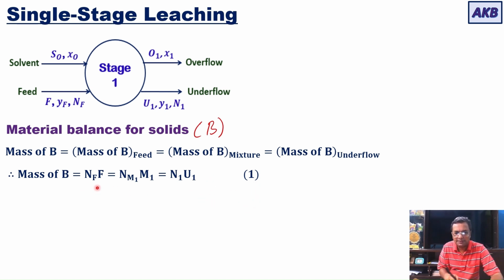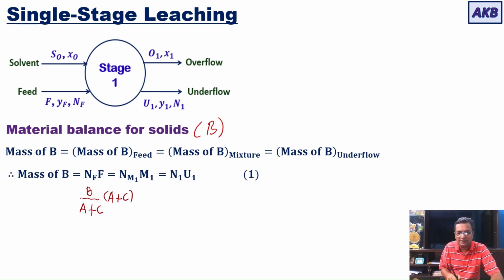Now let us understand how we get this term, NF into F. NF is mass of B divided by mass of A plus mass of C in the feed, and F is mass of A plus C in the feed.